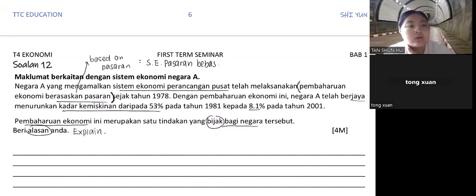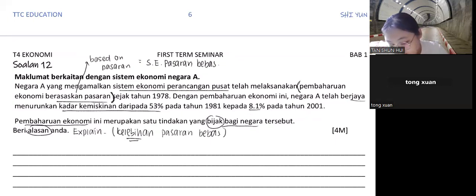Why? Now, when countries move from perancangan pusat to pasaran bebas, and they tell you pasaran bebas is a smart way. So basically, you got to explain what? The kelebihan pasaran bebas. Tell me why it is so good. It's a smart way, prove me their kelebihan.